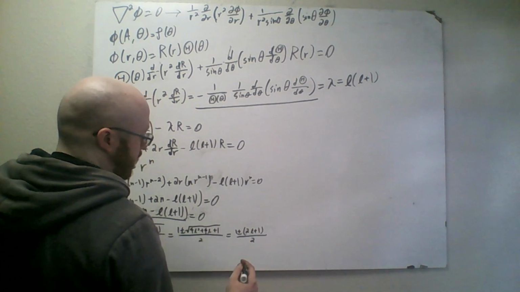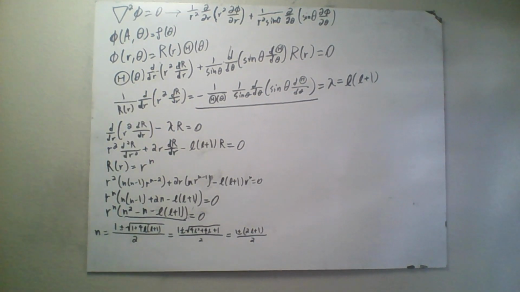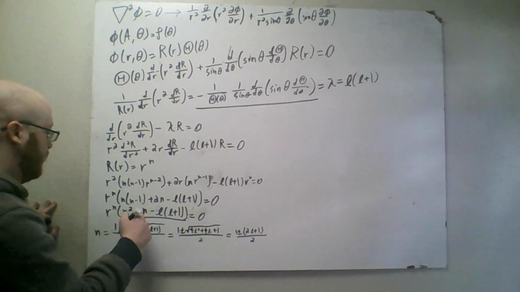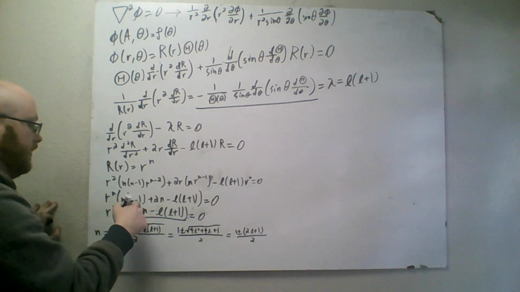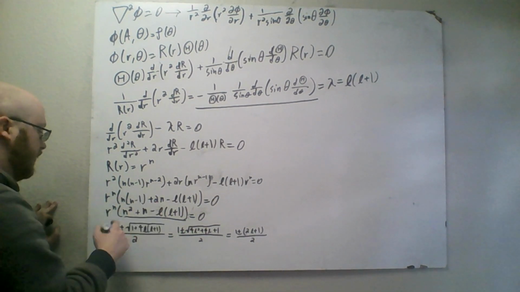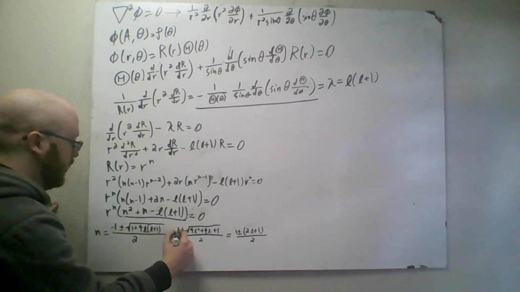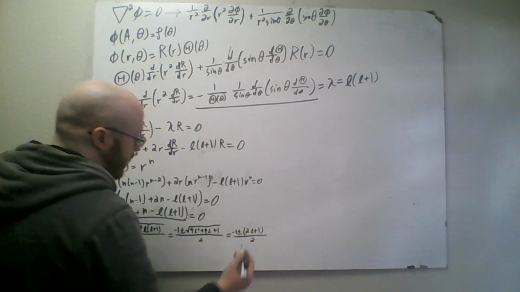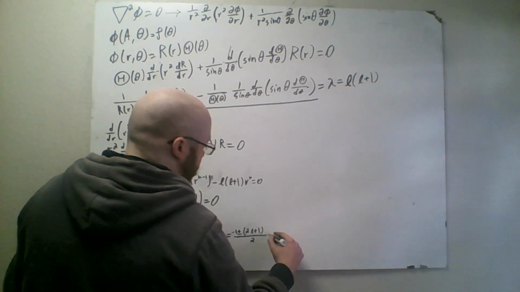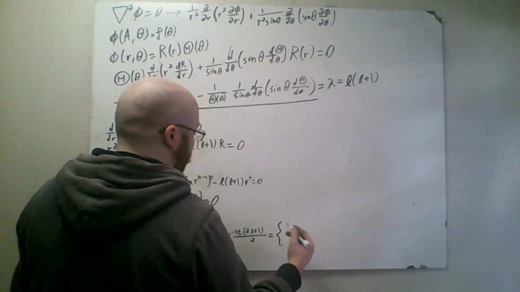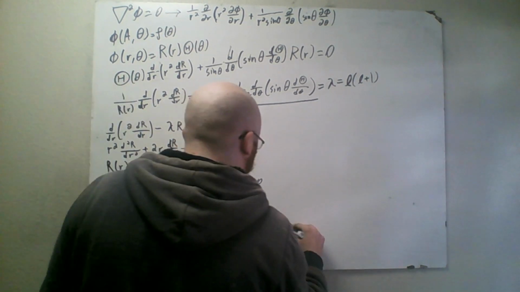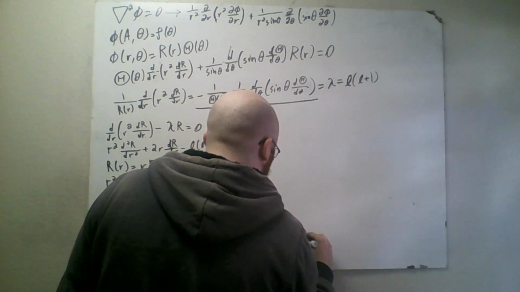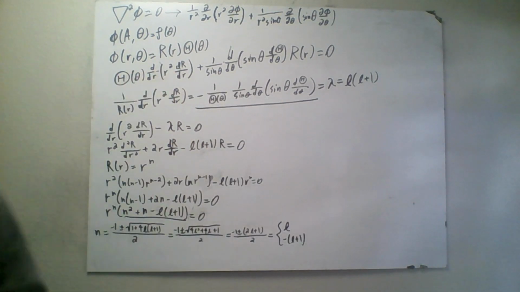Oh, I'm sorry, this should be plus 1, because it's n times n minus 1, plus 2n, so the sign changes, and this becomes negative 1 over 2. So this really goes into two things: it could be either L or negative L plus 1.